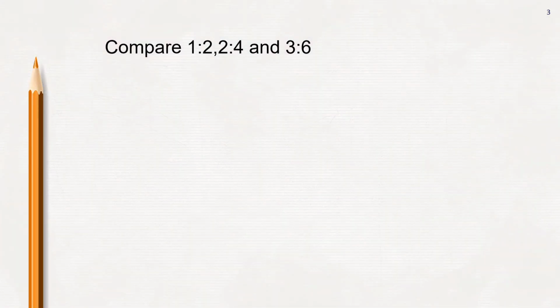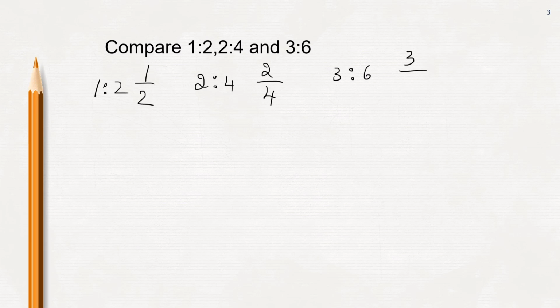In this question we'll have to compare 1 is to 2, 2 is to 4 and 3 is to 6. First let us write these ratios in fraction form. That is 1 is to 2 is nothing but 1 by 2 and 2 is to 4 is nothing but 2 by 4. Similarly 3 is to 6 is nothing but 3 by 6.